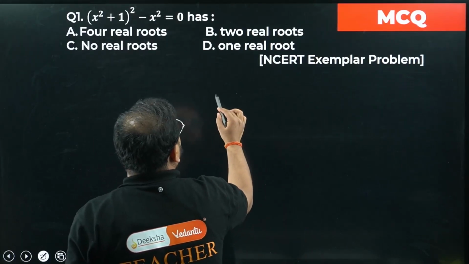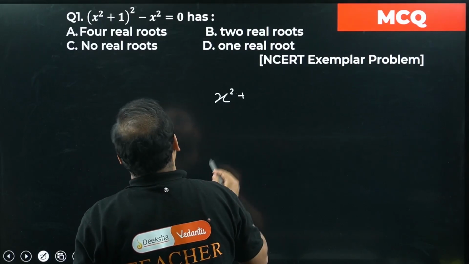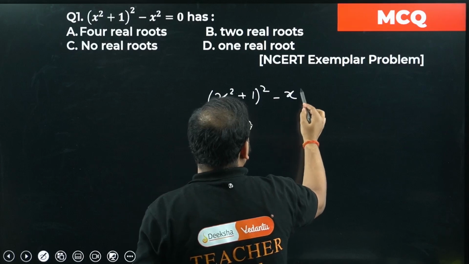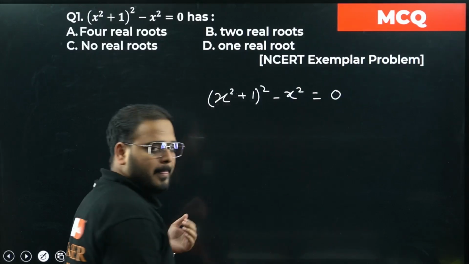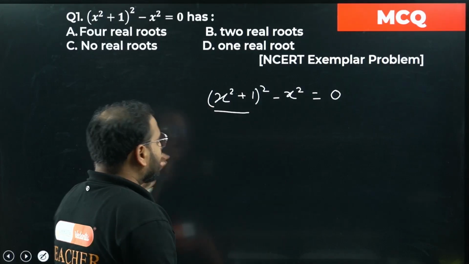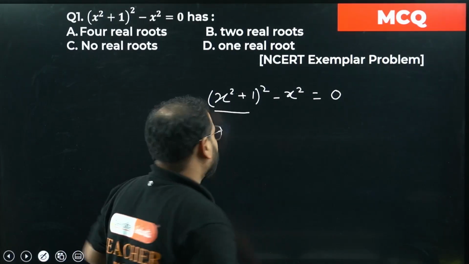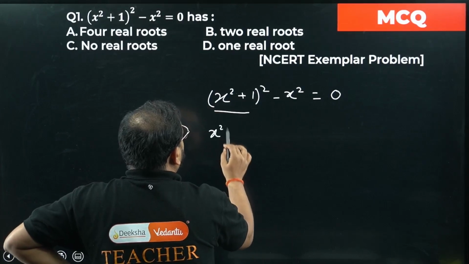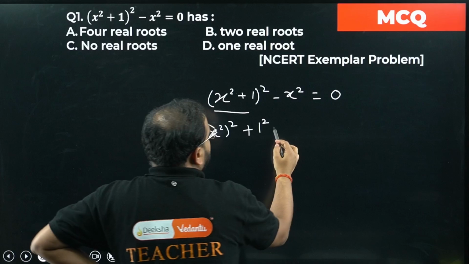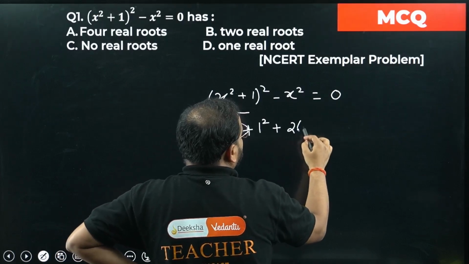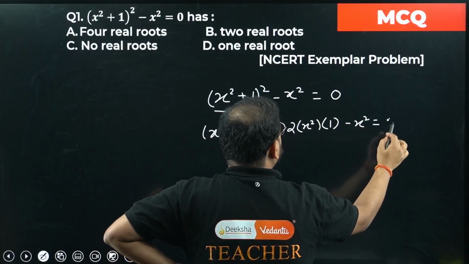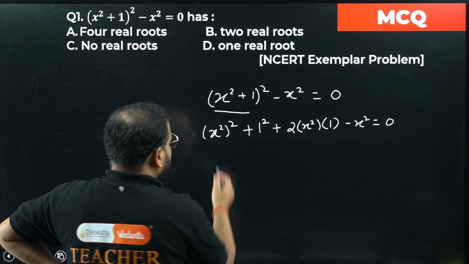So how can I write this? (x square plus 1) the whole square minus x square equals 0. My given equation.